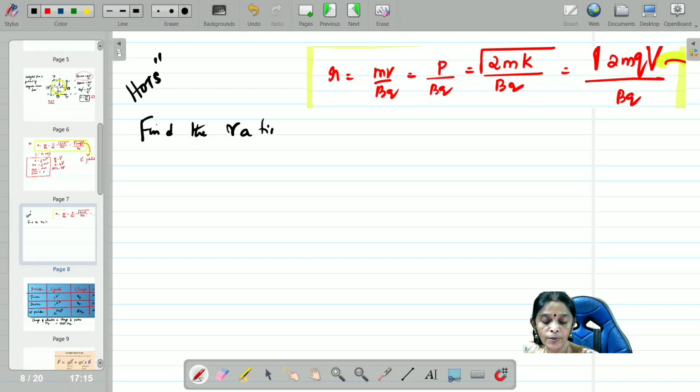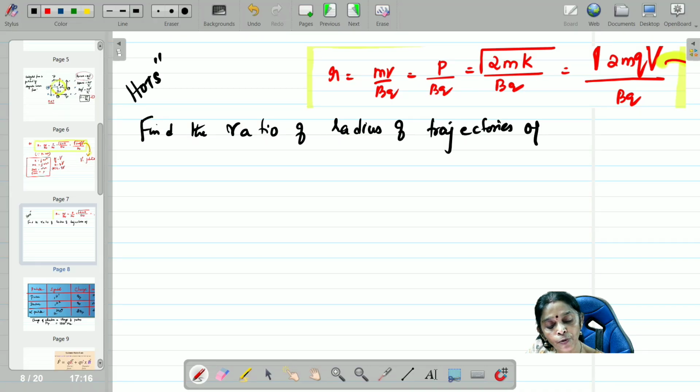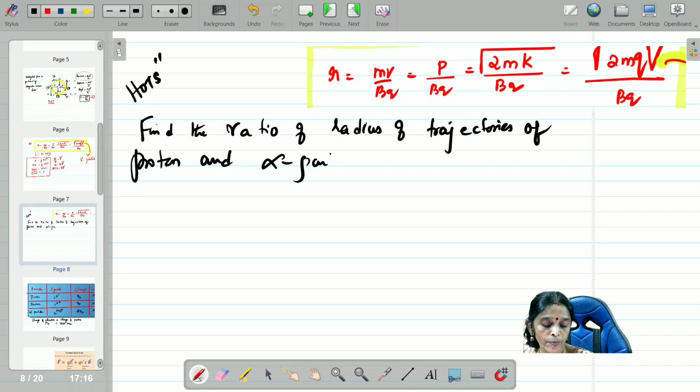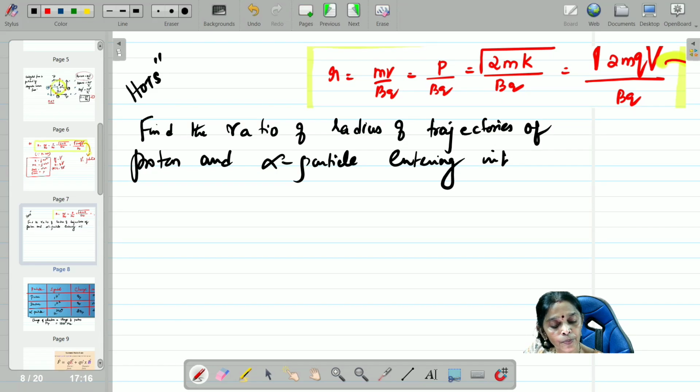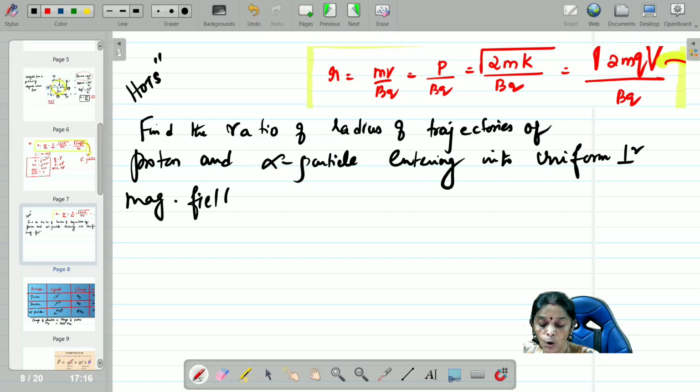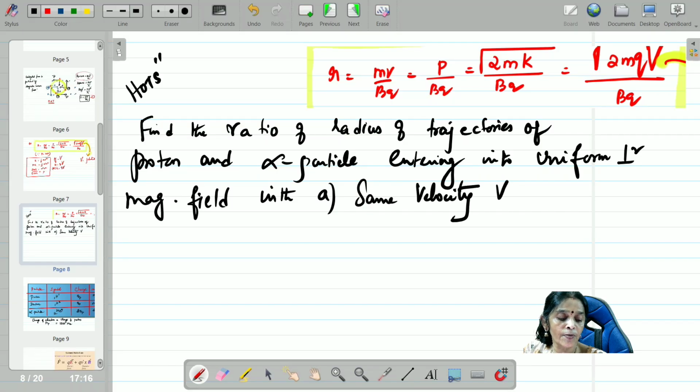Find the ratio of radius of trajectories of proton and alpha particle entering into a uniform perpendicular magnetic field with the same velocity. The same velocity v, it is entering.